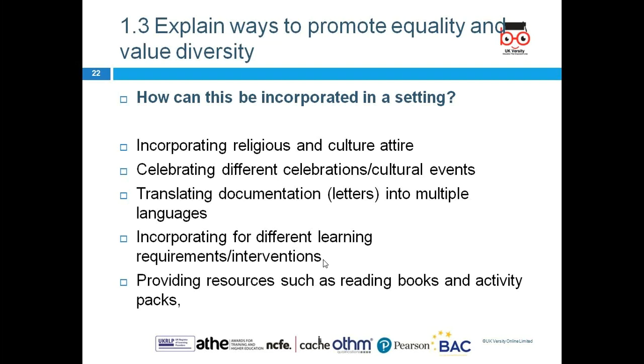And then again, not everybody has the same financial status, unfortunately. So if you see that there's a student that maybe doesn't have certain resources, even giving them a couple of pens and some paper just to make sure that they can do their homework, or handing out reading books like we do on a normal basis anyway, and activity packs. It's a way to implement it.